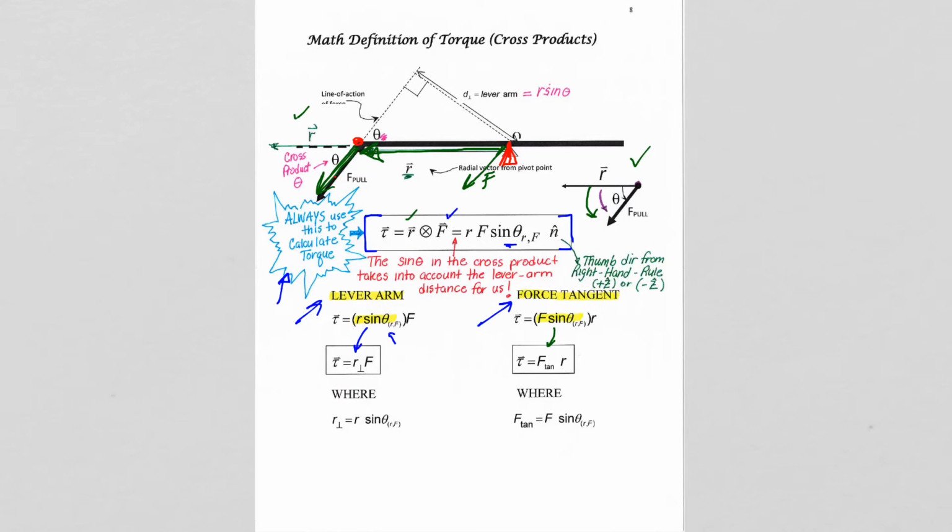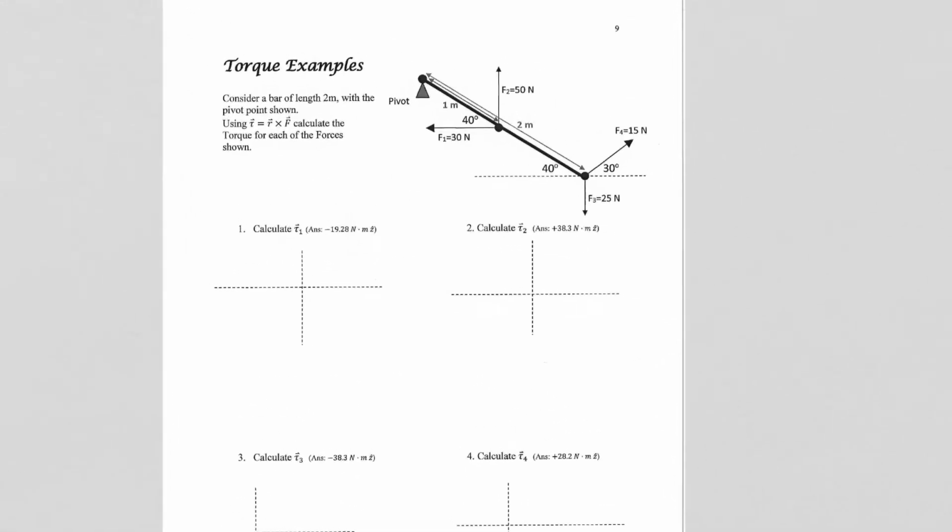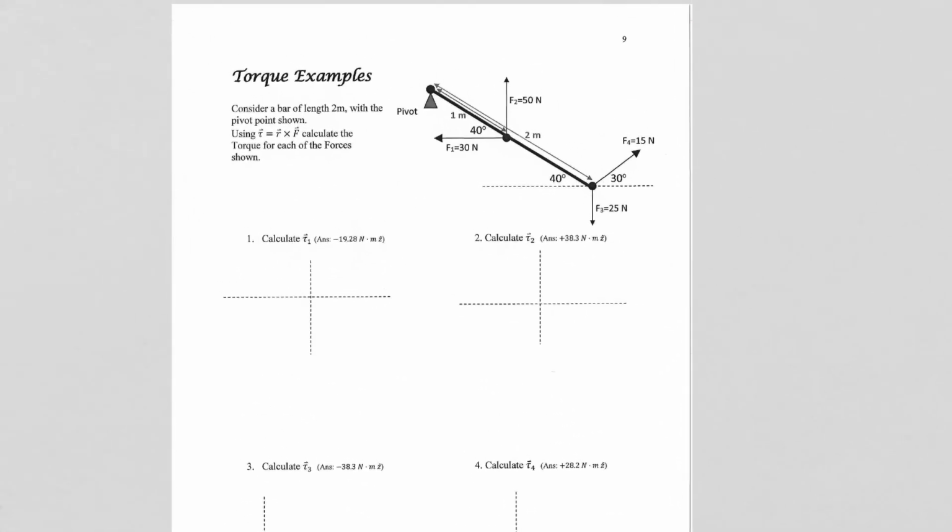So that is why on our next page of notes, you have R cross F problems to do. And it is really important that you go back and refresh your memory on how to do cross products and that you can do all of these. So basically you have 4 torques to calculate here. So we have a single plank pinned or put on a pivot at the top. So we're looking at the plane of the page. We have a force F1 here.